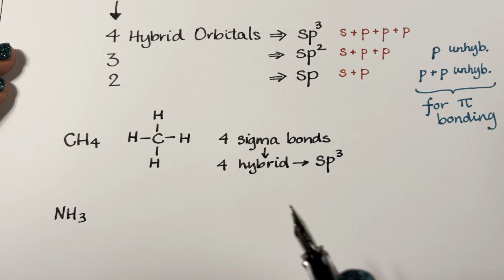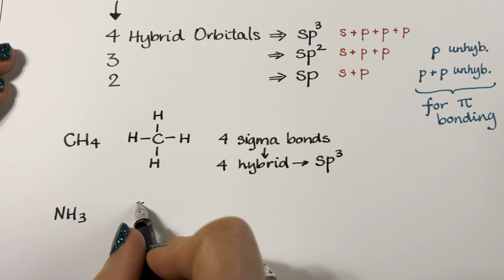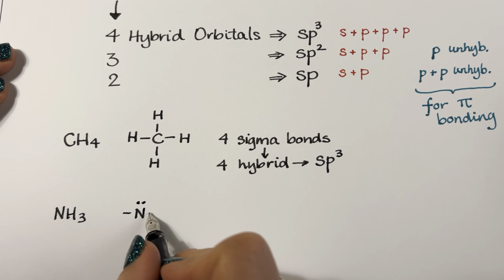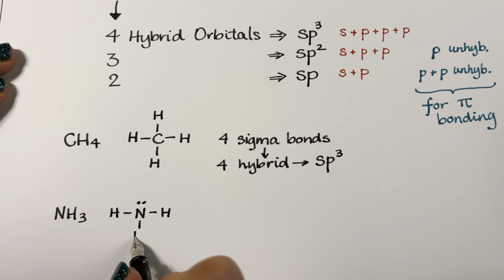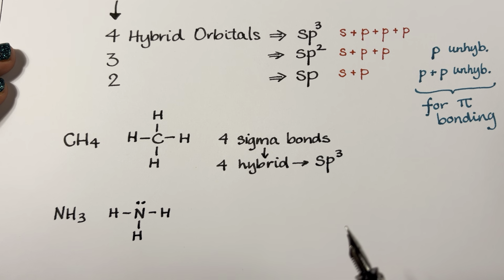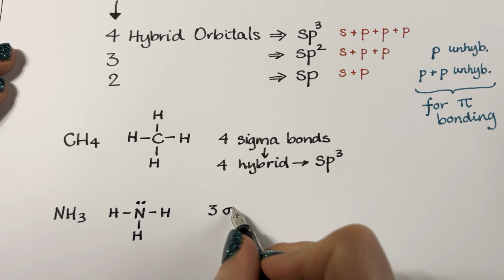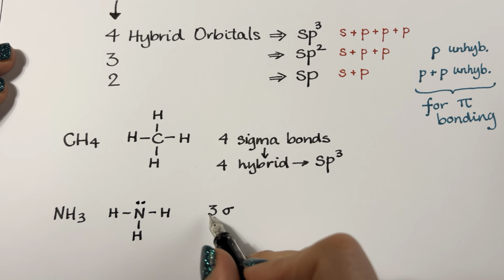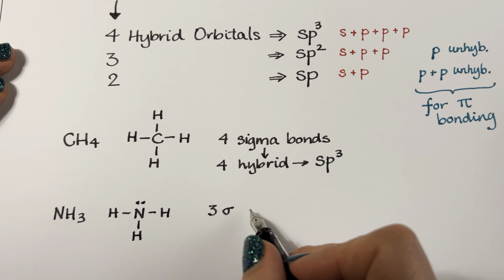If we look at NH3, we draw out the Lewis dot. There is a lone pair, we've got our hydrogens bonded to that nitrogen. And we see that there are 3 sigma bonds. I'm going to start using this notation so we can be a little bit more efficient.